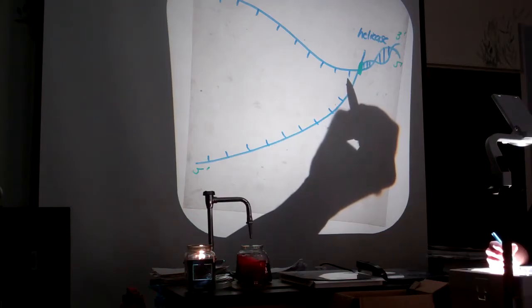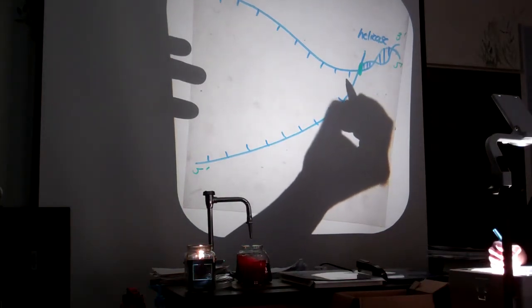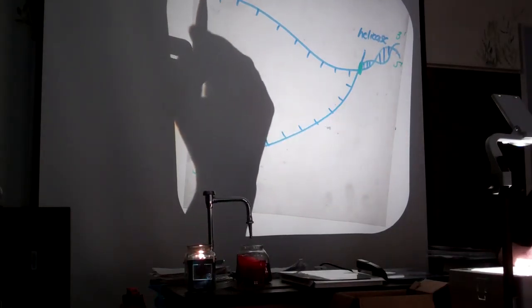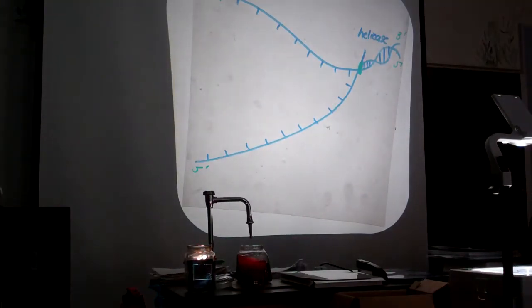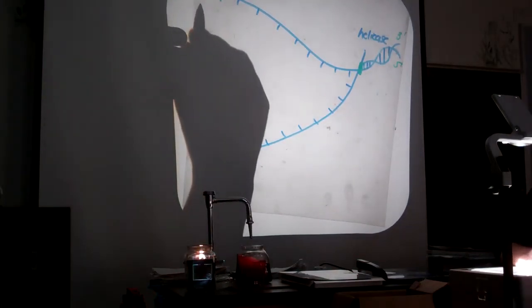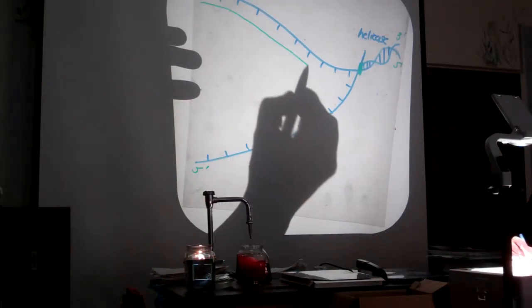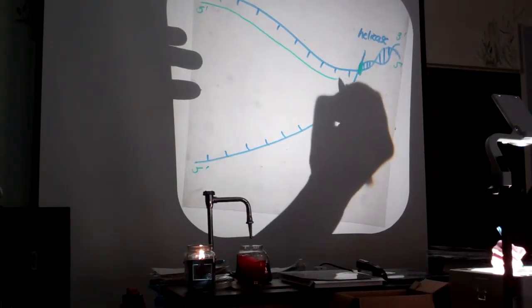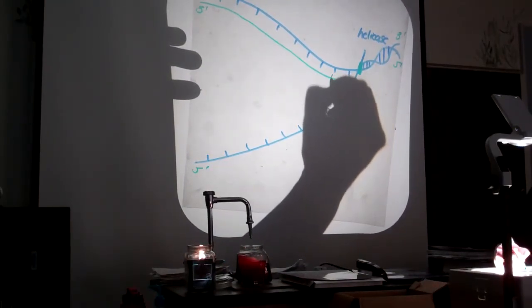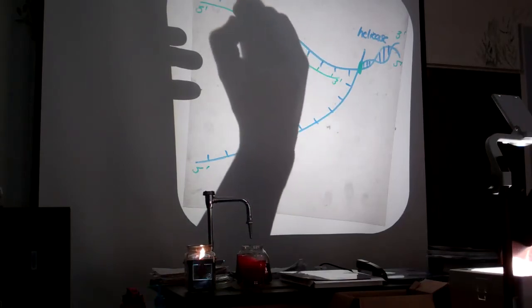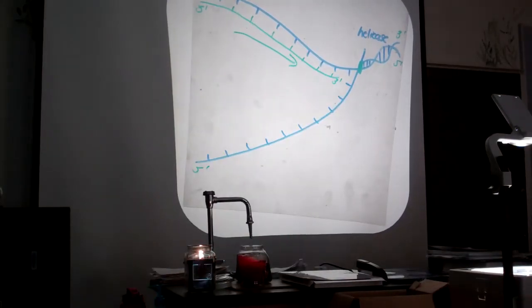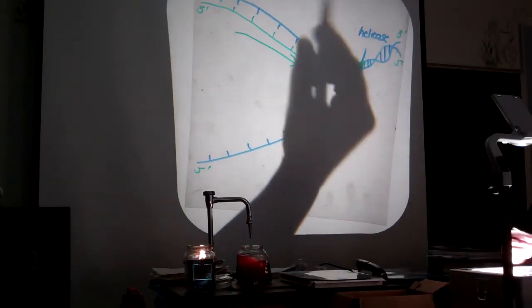As soon as a new nucleotide becomes exposed, DNA polymerase can tack it on, because the new strand made over here is being built in the 5' to 3' direction.